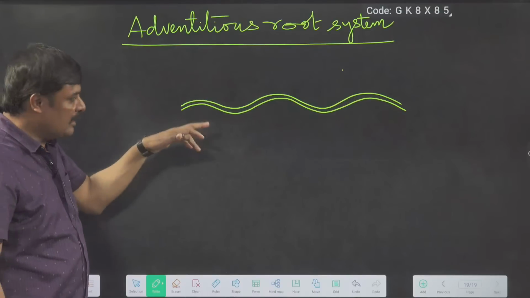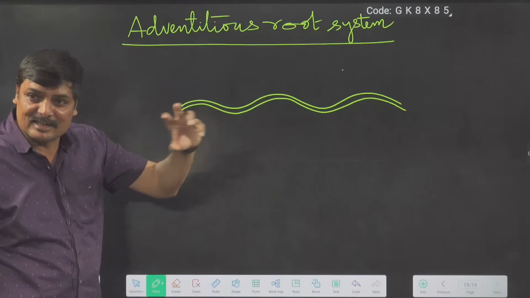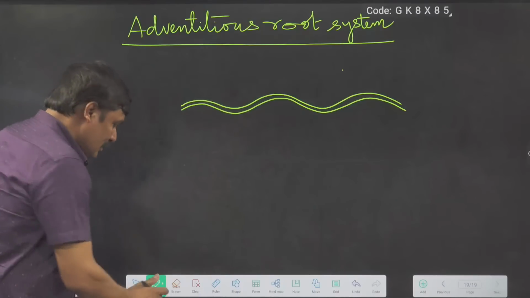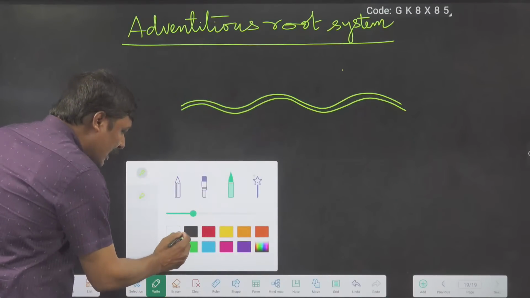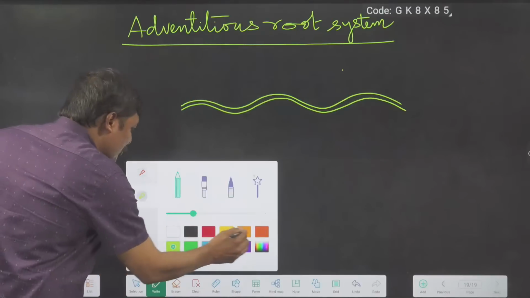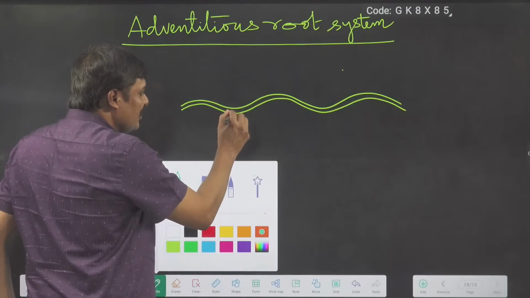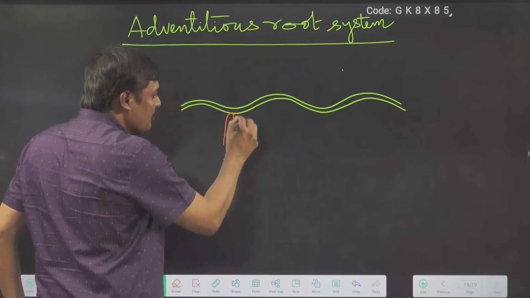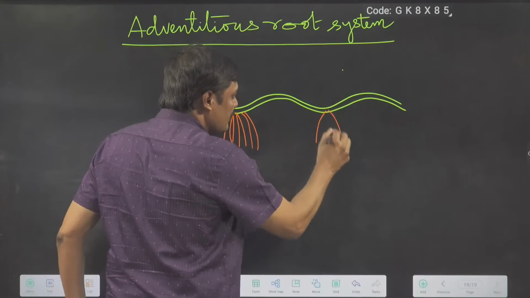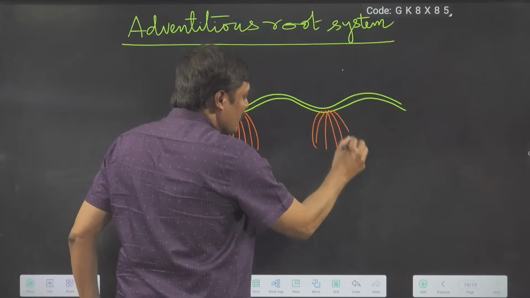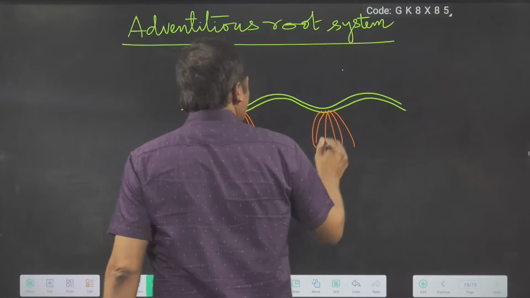Right? At some places, it touches the ground. That means it contacts with the soil. At that place, it produces roots like this. These are adventitious roots.